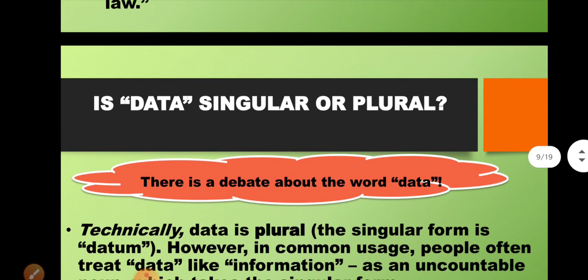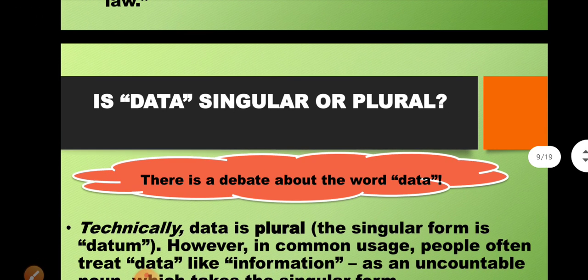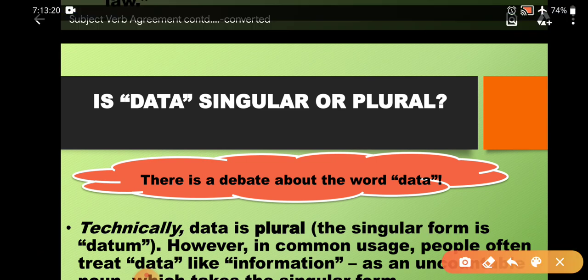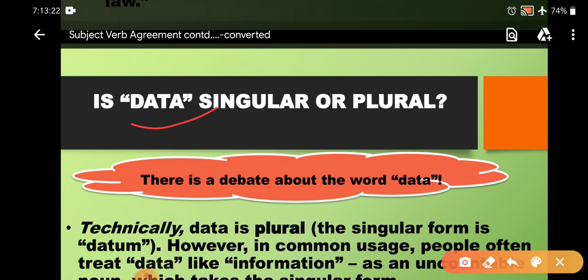This is, I am sure, something new for you. Let's do it. The word data. Is it singular or plural? Before looking at this slide, just say it in your mind, when you go for your computer class.